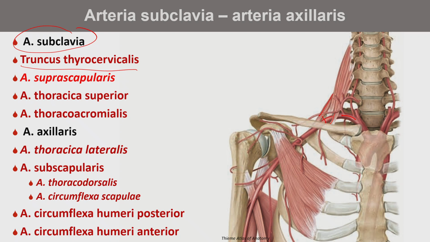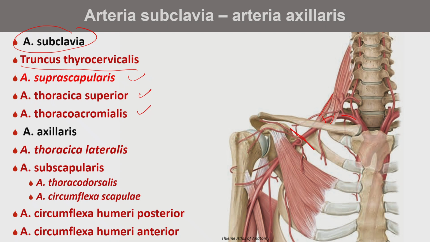When it is arising from the scalenus fissure, it enters the space below the clavicle, and there we have those three arteries: suprascapular, thoracic superior, and thoracoacromial arteries. Then this artery goes to the axillary region, and now the name is changed to the axillary artery.